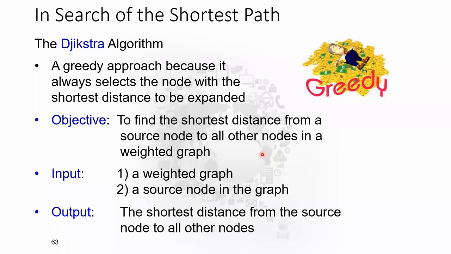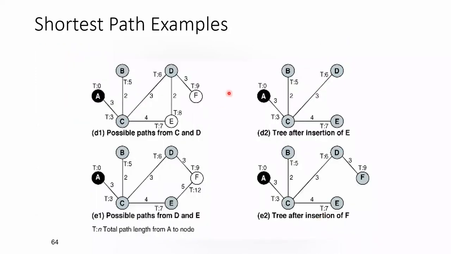The output, of course, is the shortest distance from the source node to all other nodes, because you must go from the source node to the other nodes. This is an example of the possible paths that you can travel.